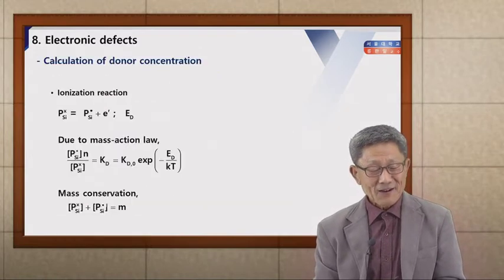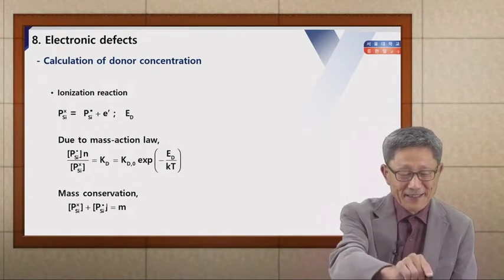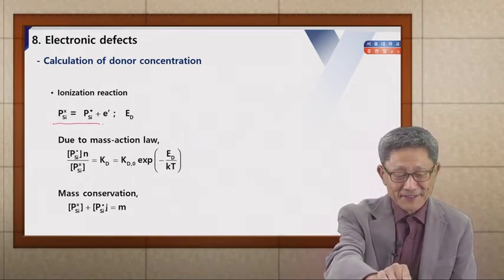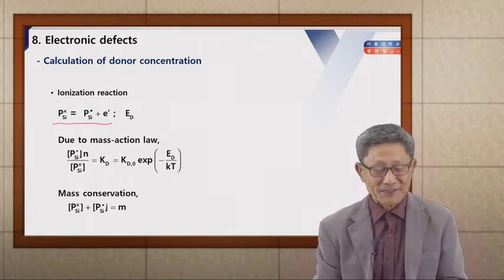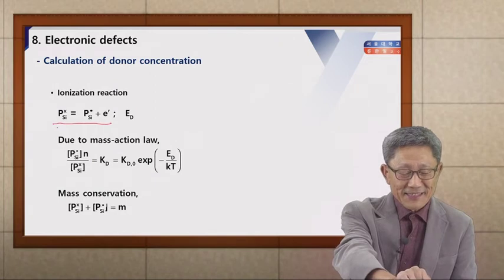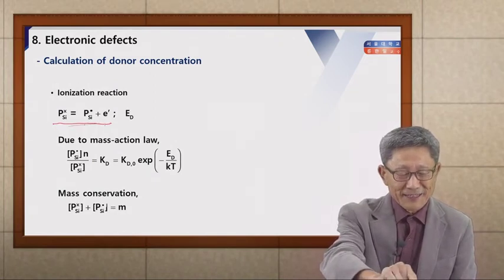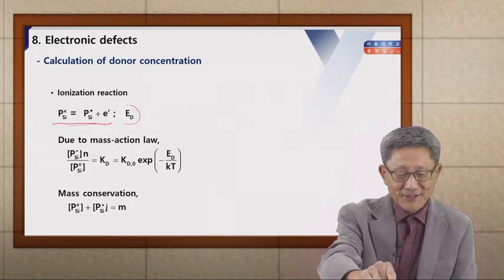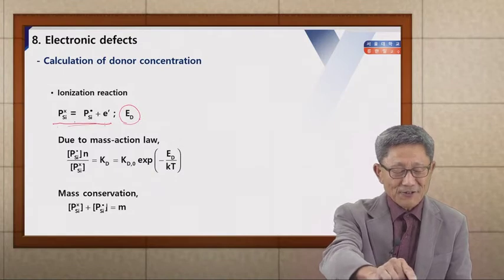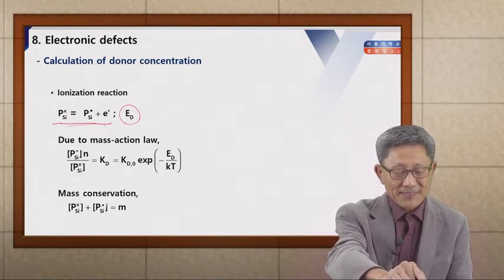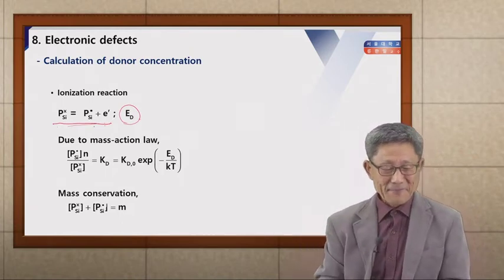Well, how about the equilibrium concentration? It's again simple. Here is the defect formation reaction. We call it ionization reaction or internal equilibrium. So this is the electron donation reaction, and you need the energy of ED to detach an electron from tetravalent phosphorus ion to a pentavalent.